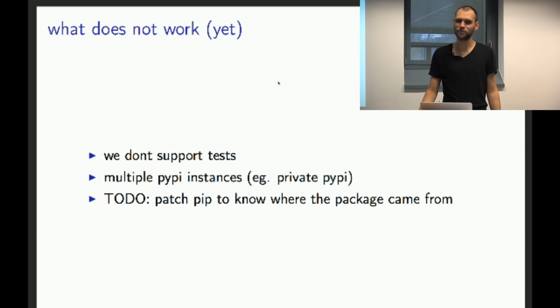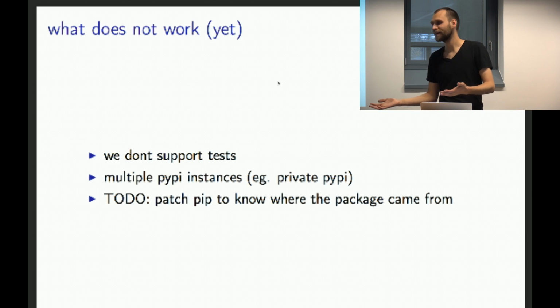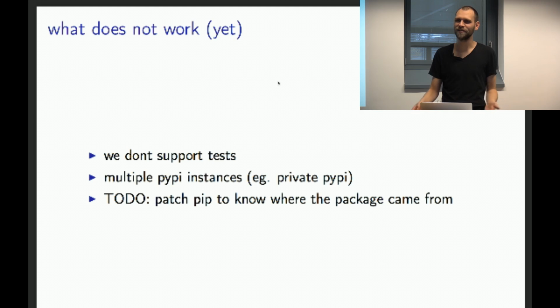We don't support multiple PyPI instances, so if you have a private PyPI server, you cannot use pip2nix to selectively pull from the official PyPI and your custom PyPI server. This is due to, at least to my knowledge, pip having no way of telling the user where it got the packages from.